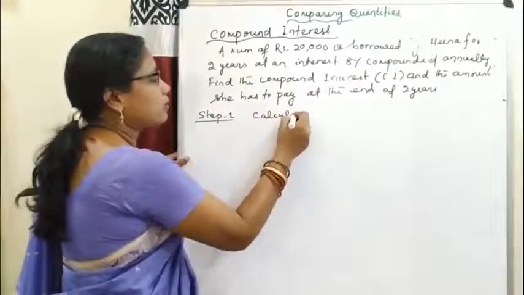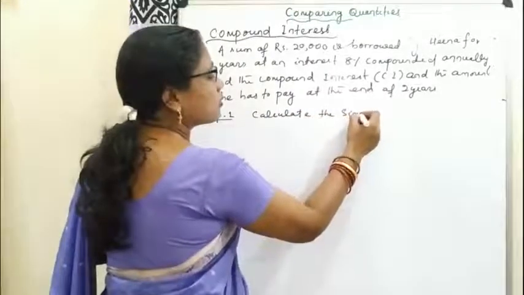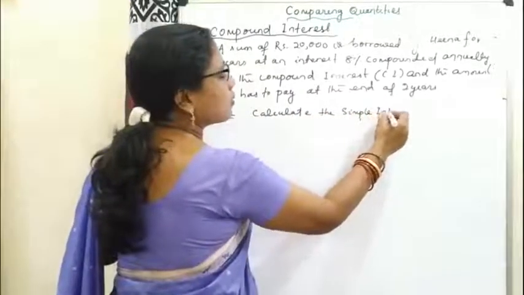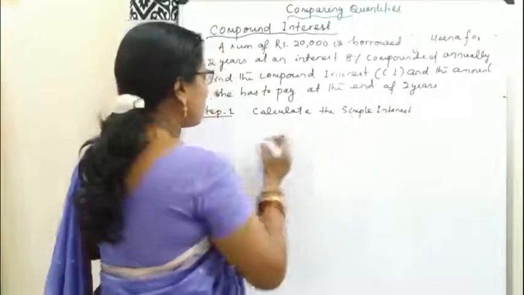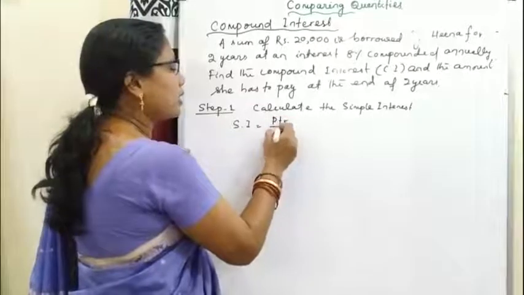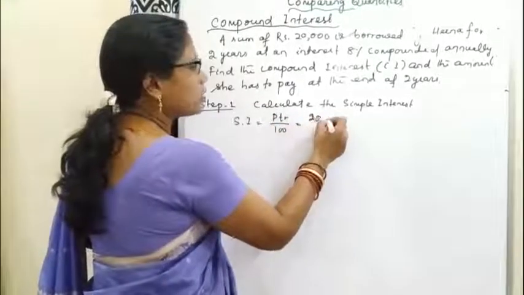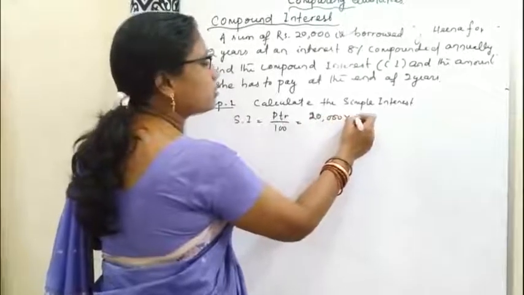Calculate the simple interest. All of you know the simple interest formula is PTR by 100. So that is equal to 20,000 multiplied by 1.